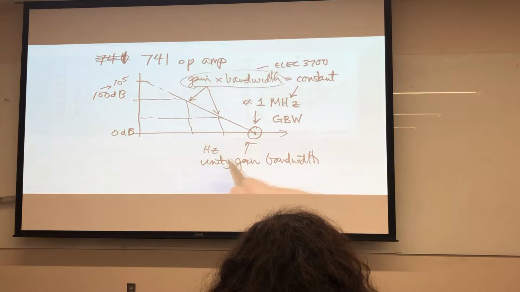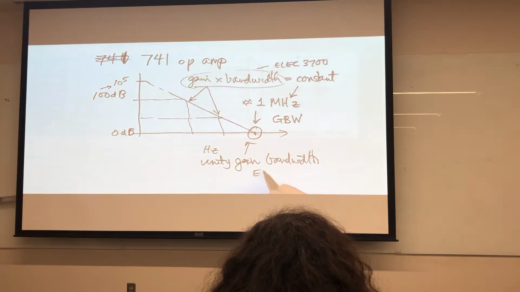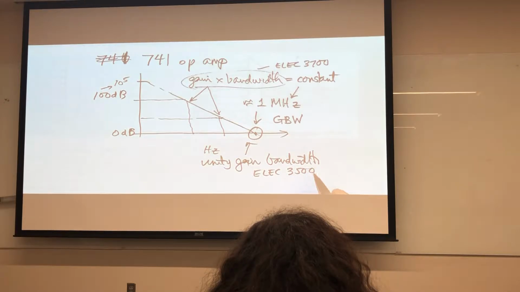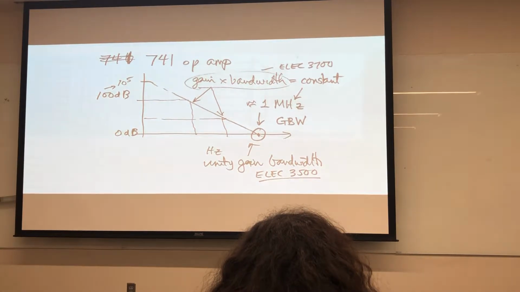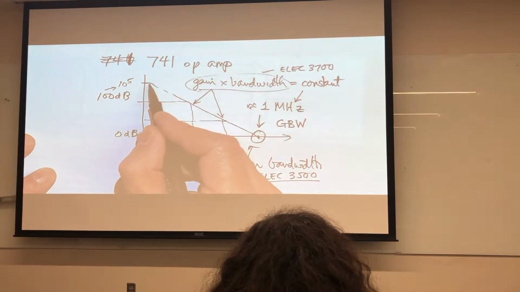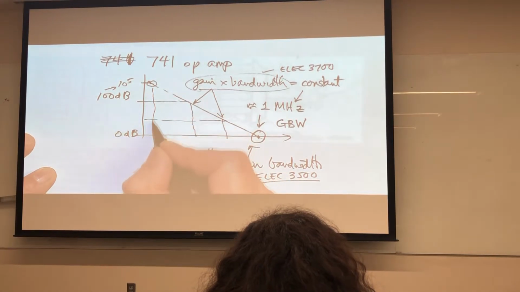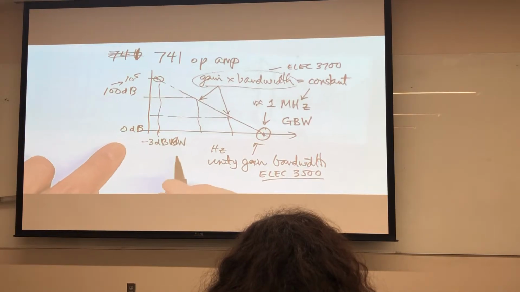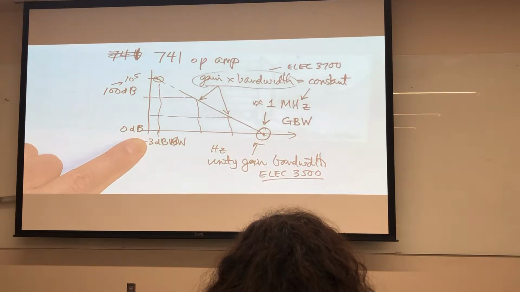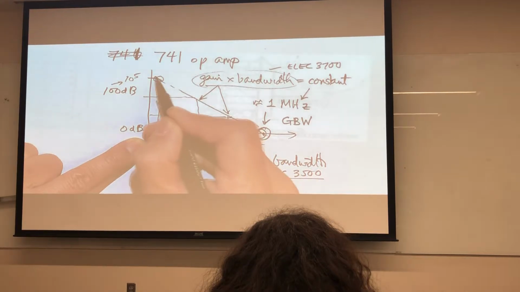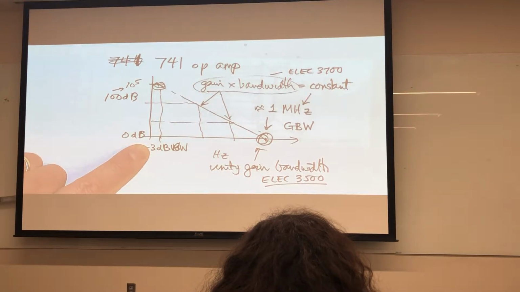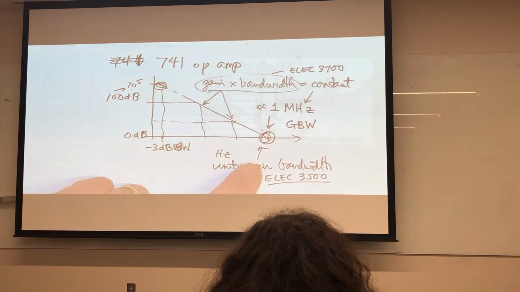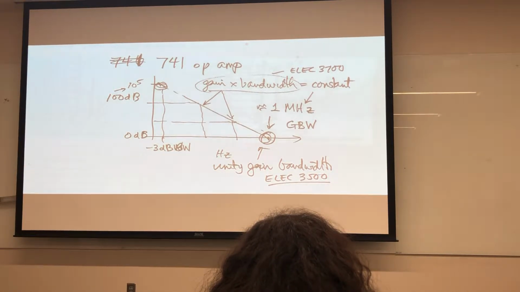Here we talk about unity gain bandwidth, but we're talking about the same thing. The 3 dB bandwidth is way over here. We usually don't say minus 3 dB because we get lazy; we just call it 3 dB. The implication is it's 3 dB down from the maximum. So there are two bandwidth figures that are often spoken of: 3 dB bandwidth, which is half power, and unity gain, which is another bandwidth.